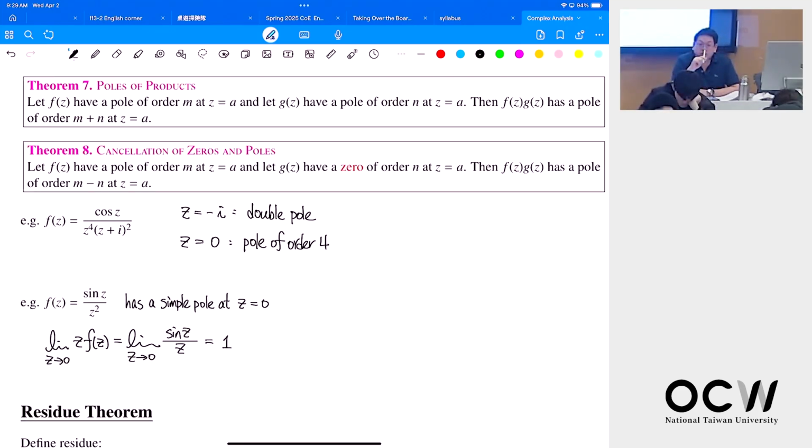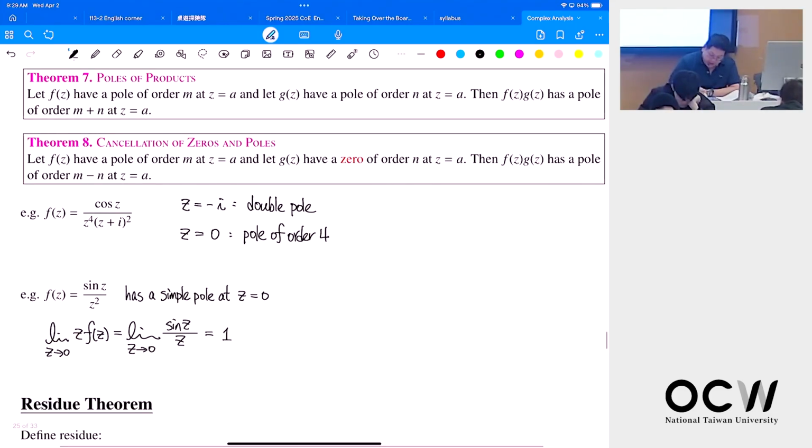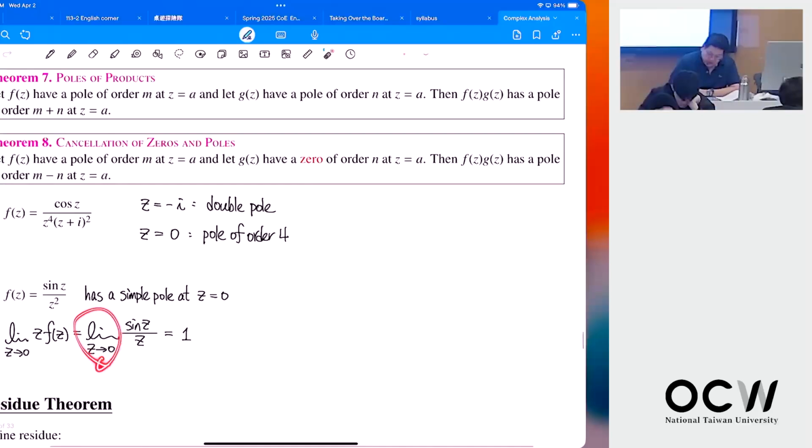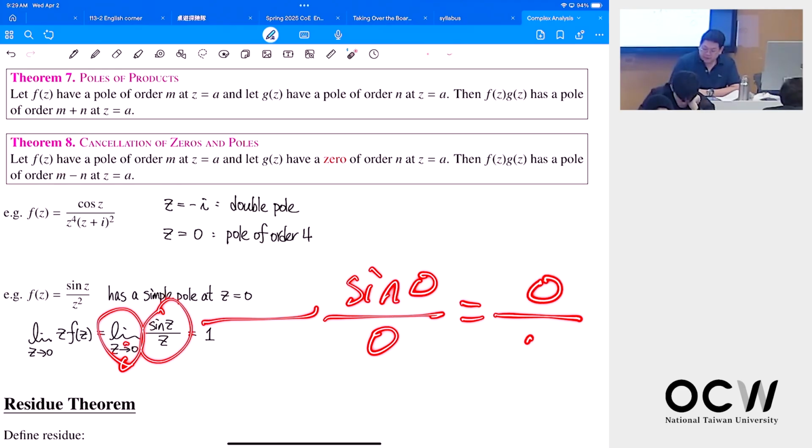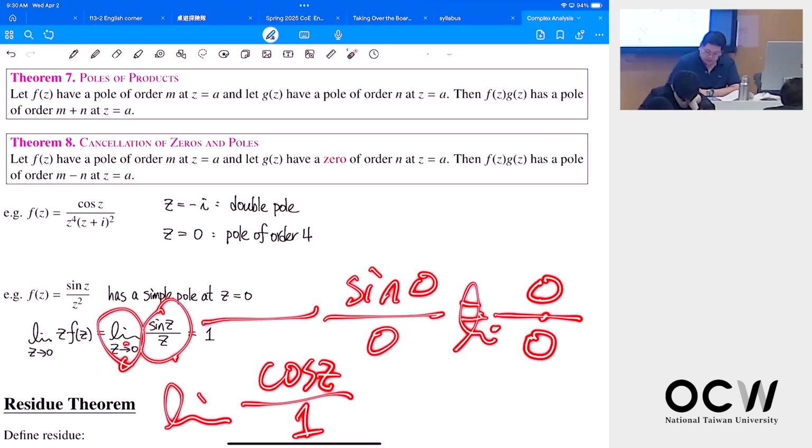Okay, any questions for this? Because you see, if z goes to 0, what happens here? Sine 0 is 0, and the denominator is 0, and you take the limit. 0 divided by 0, I use L'Hopital's rule, so I take the derivative. I got cosine z over 1, and take the limit, z goes to 0.